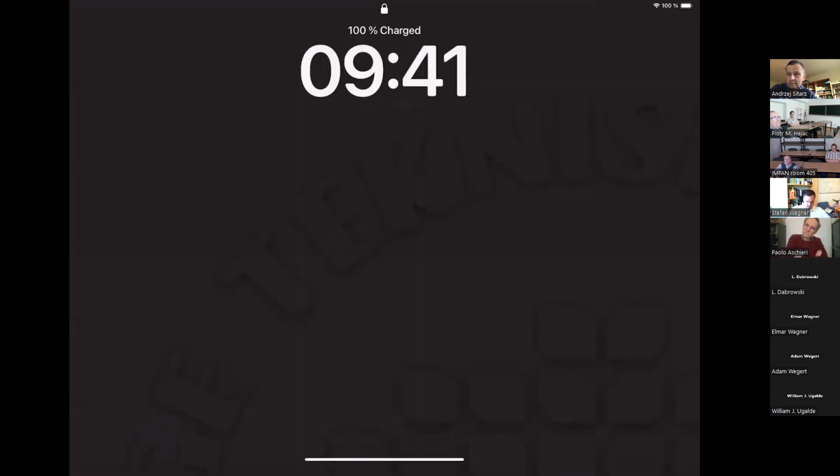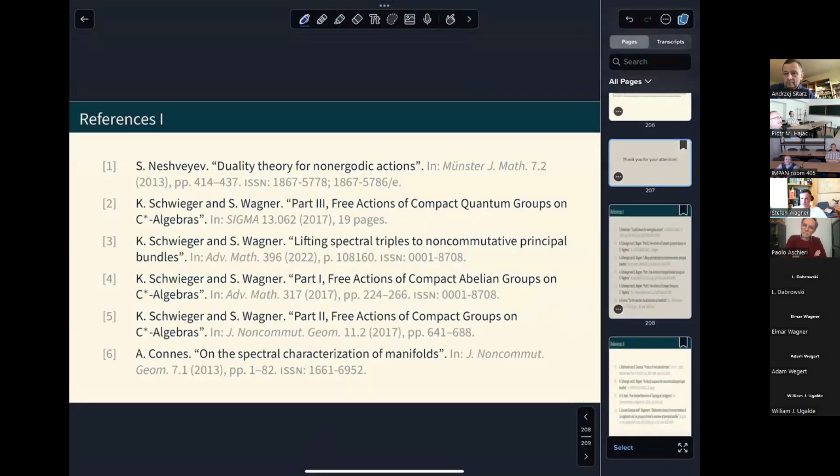Yes, I have. I can also tell you where: in reference number 4. This is when you have compact abelian groups, you have a very nice classification in terms of classical group cohomology. So there things are really computable.